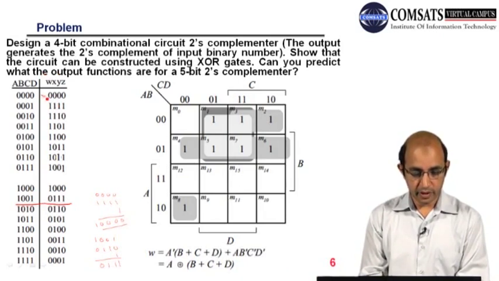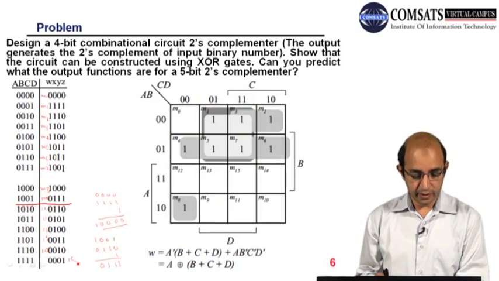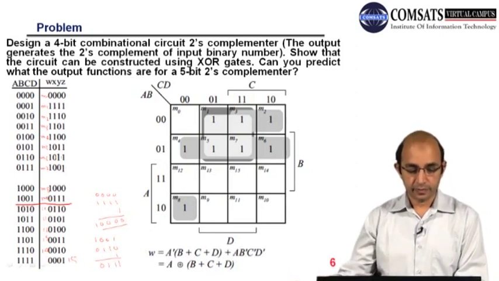So this is M0, M1, right, M2, M3, M4, M8, M9, 10, 11, 12, 13, 14, and here we have 15, right? So I can write 15 here, right? So these are the min terms, right? If we talk about W, right?